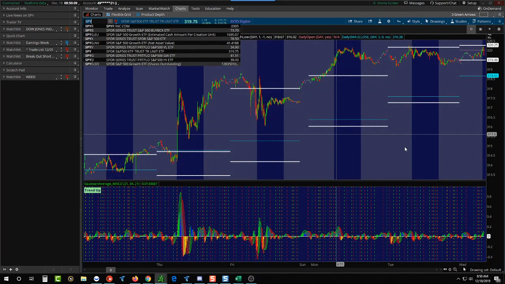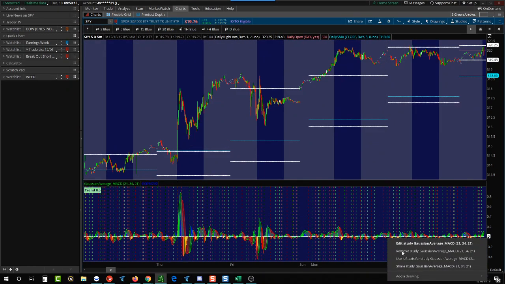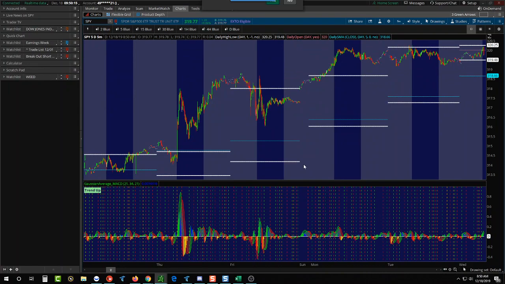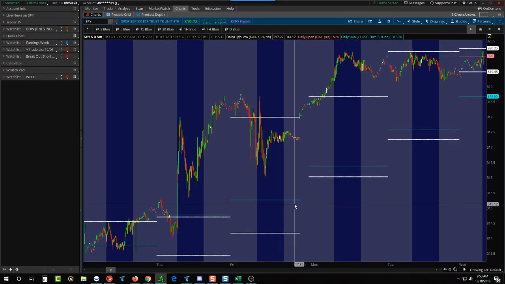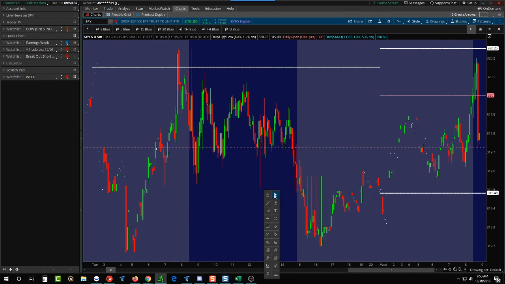If we jump back over to SPY real quick, what we want to do is look at yesterday's price action and identify pivot points where price could get hung up, pause, consolidate, build a base.